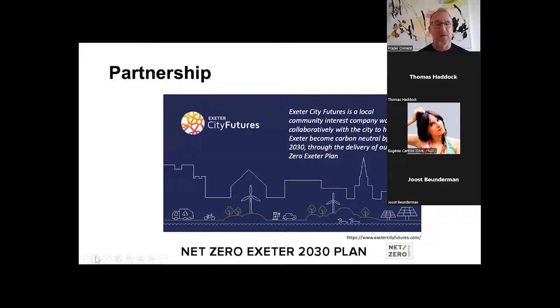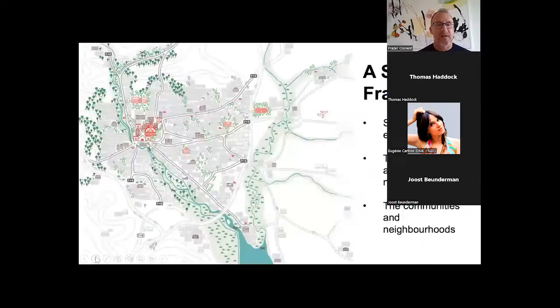And that's a really interesting synergy, because the council has an entrepreneurial and enabled partner with a strong tech understanding to help support it in its ambition to achieve net zero by 2030. And that's been going for over 5 years now. Next slide.